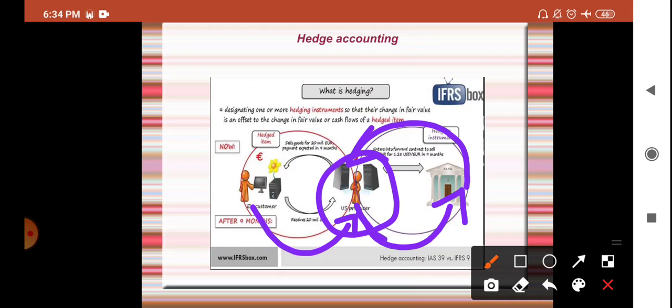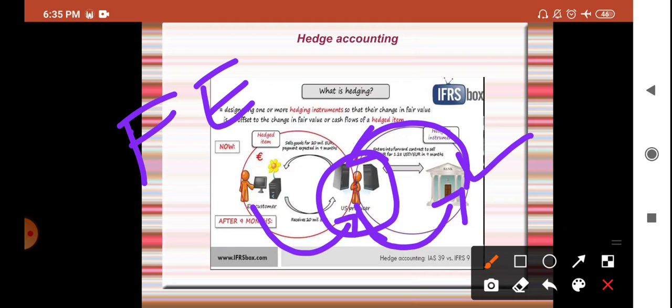Because of this contract, the US producer is safe from the foreign exchange risk. Whatever changes could happen in the duration of the 9 months are covered by this forward contract.